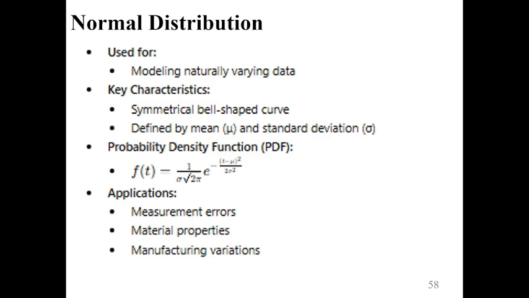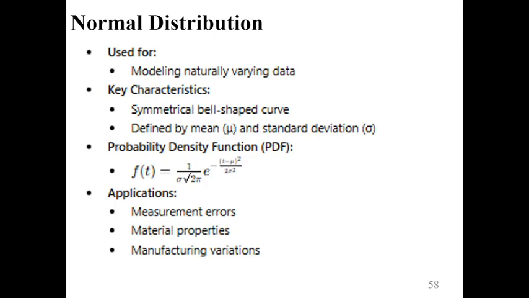In the normal distribution, we assume that most values cluster around the mean, with fewer observations appearing as you move further away from it.